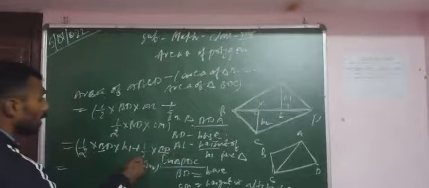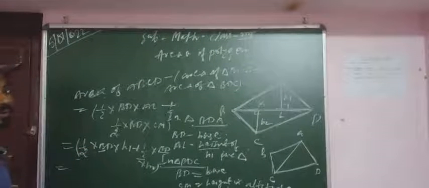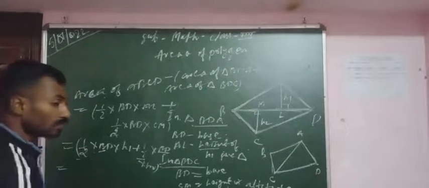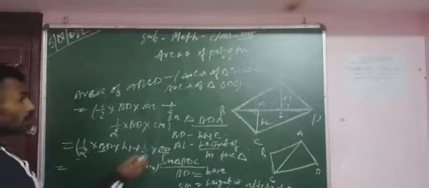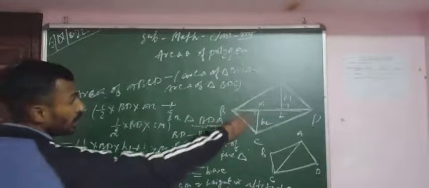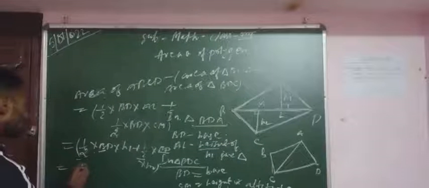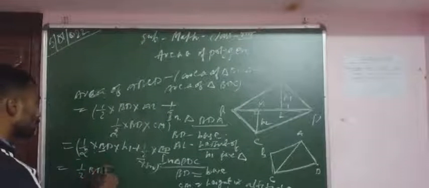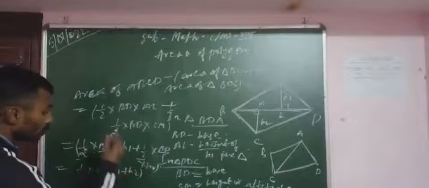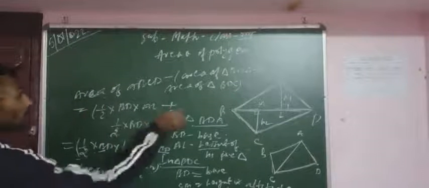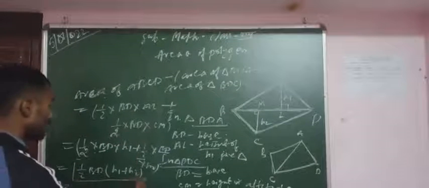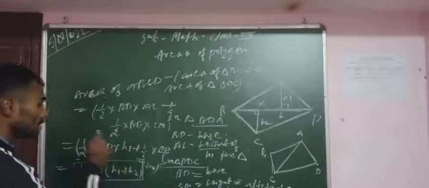BD and half are the common terms. For both triangles, it is the same base. So half BD is common now, H1 plus H2. So now the final area of this figure is half BD into H1 plus H2.